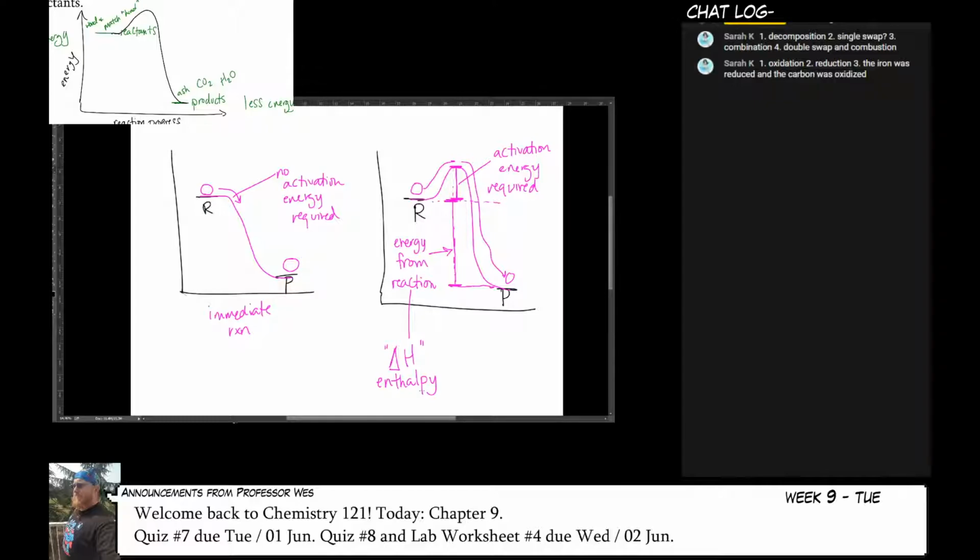So the heat that we get, or the energy for a reaction, is the difference between the reactants and the products. And in order to start the reaction, we also have to provide the activation energy. Once we've done that, the reaction proceeds on its own. And so that's how you generate the energy diagram.